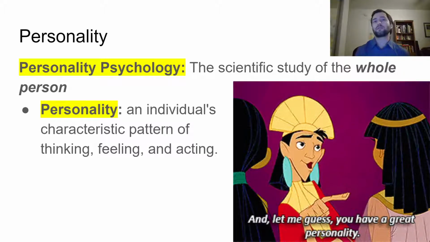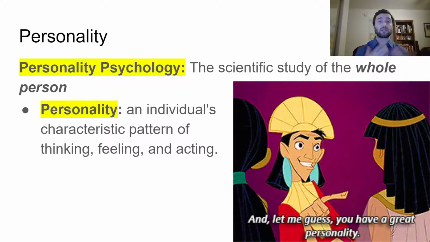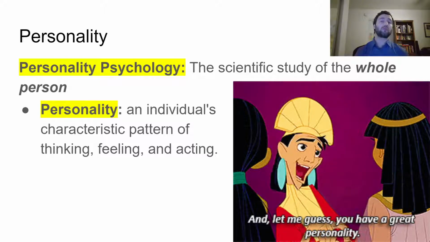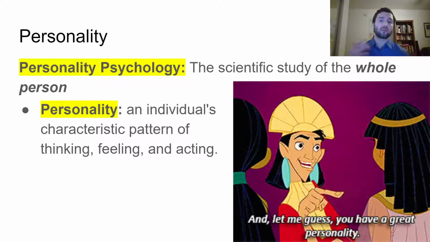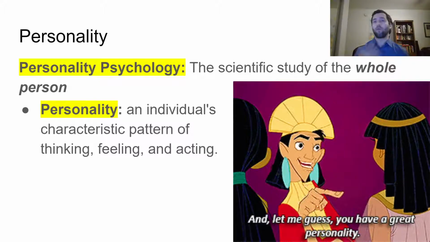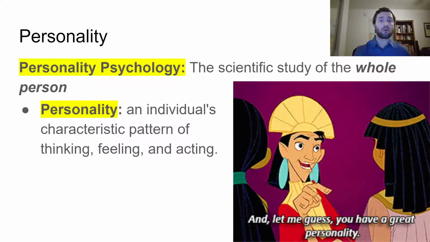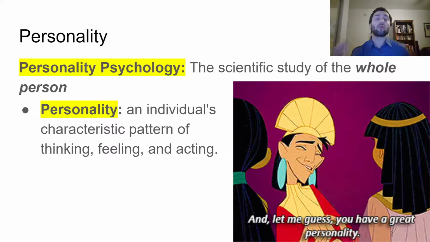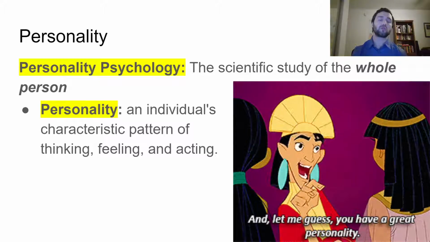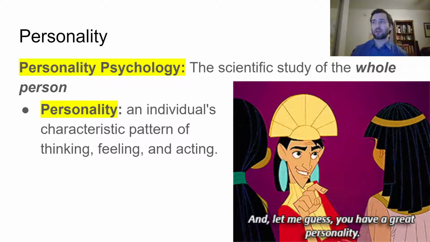When we're talking about personality, it's things that would be considered characteristic of a person, something that we expect to happen. So are there certain behaviors we expect them to carry out? Are there certain feelings, or certain patterns of thinking that we expect this person to follow over and over again, or in the same type of situations? Those would be things that we would consider as personality traits.